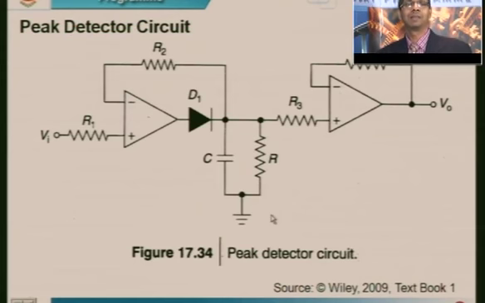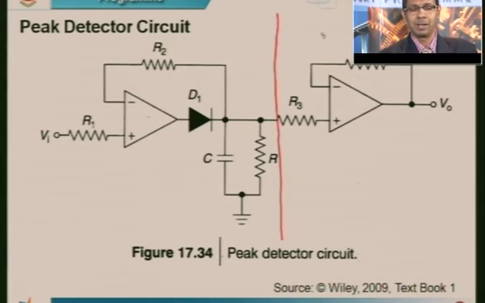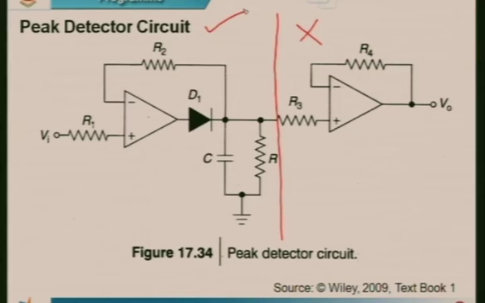So this is the circuit diagram for a peak detector circuit. What does this circuit essentially have? Let us for the time being ignore the circuit that we have on the right side. Let us only concentrate on the circuit on the left side. Now what is this particular circuit configuration here?